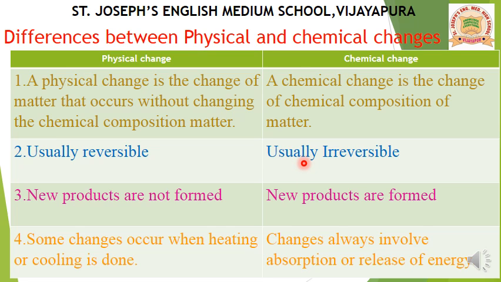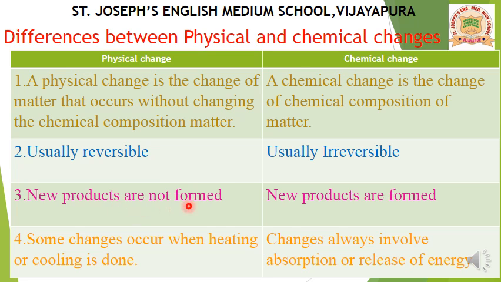Whereas chemical change is irreversible. Once the egg is boiled, it cannot be brought back into the original state. Or burning of wood, ash cannot be collected and converted into wood. So that is an example of chemical change.